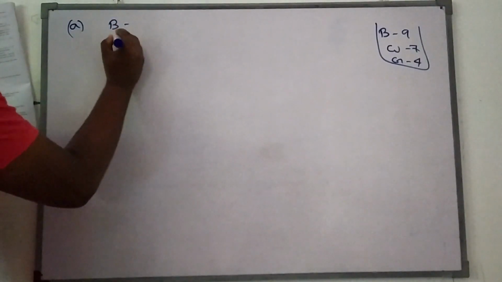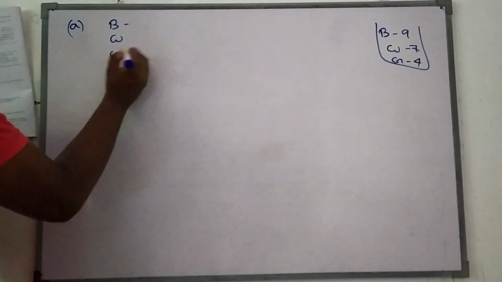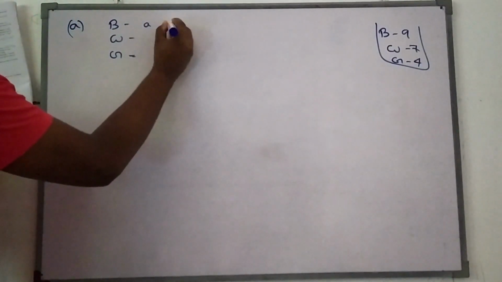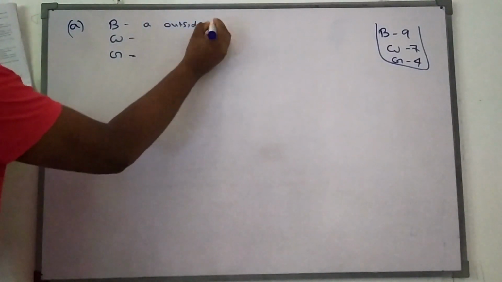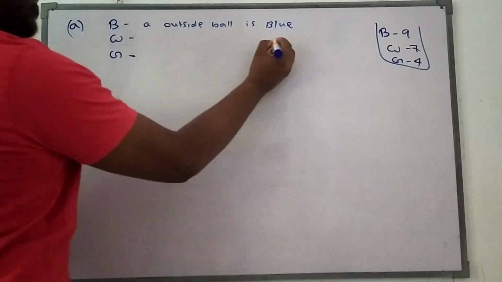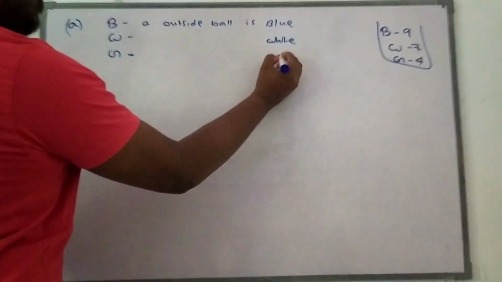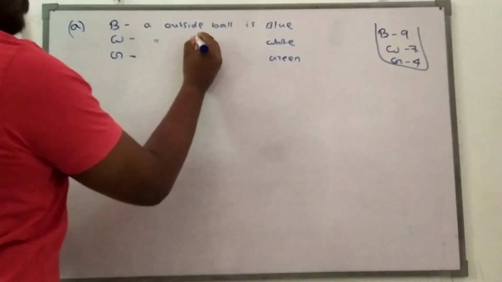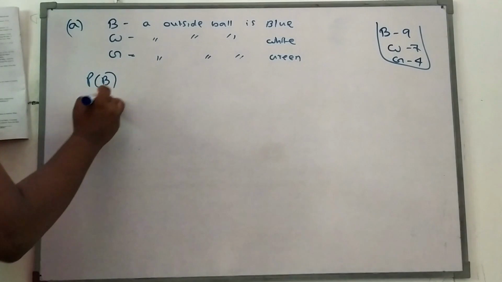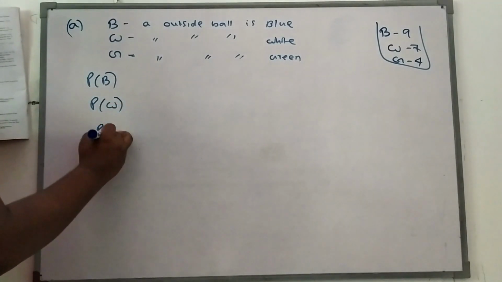So now I'm going to use the conditional probability knowledge. First of all I'm going to define the events: the outcome ball is blue, white, green. P(B), P(W), P(G).